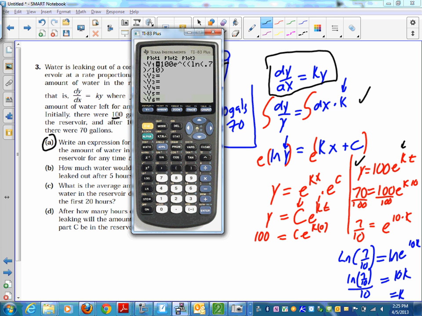I started off with the parentheses for the numerator, so parentheses right here. Okay. Then we have, actually, I'll explain what I'm doing in a second.